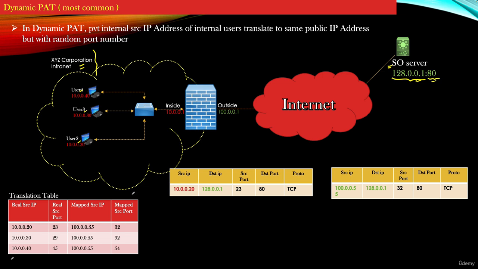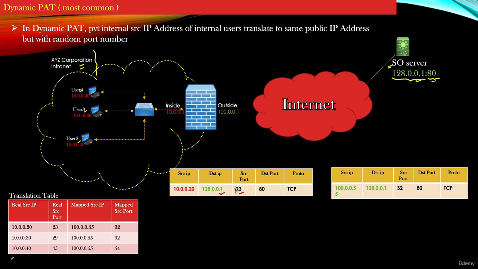Right? So obviously the packet that is generated by user 2 would have the source IP address equal to its own address. Destination IP address will be the address of the public server which user 2 is trying to access. Source port number is something that is dynamically generated by the operating system of user 2, right?